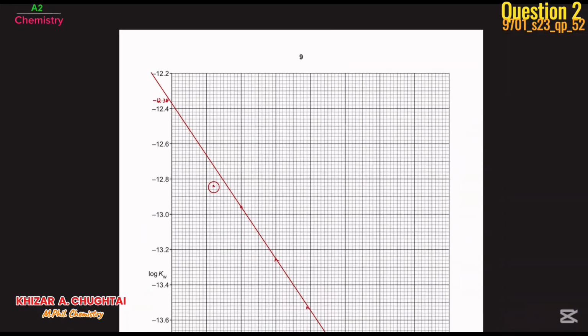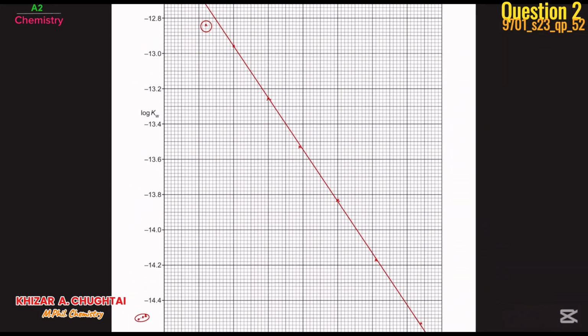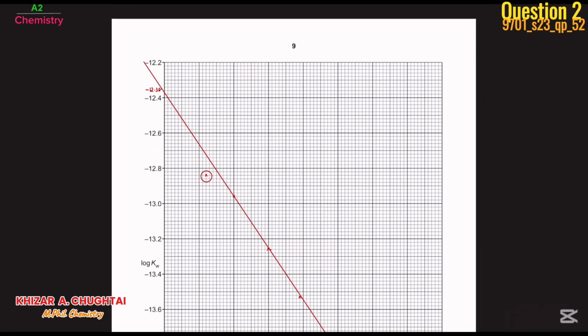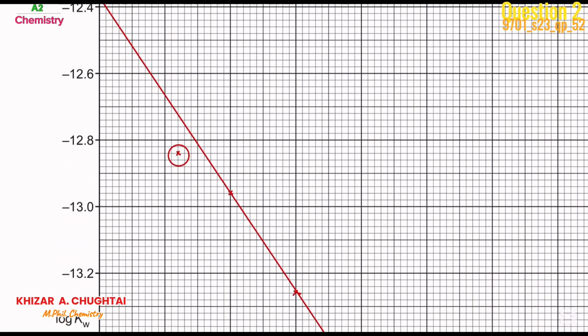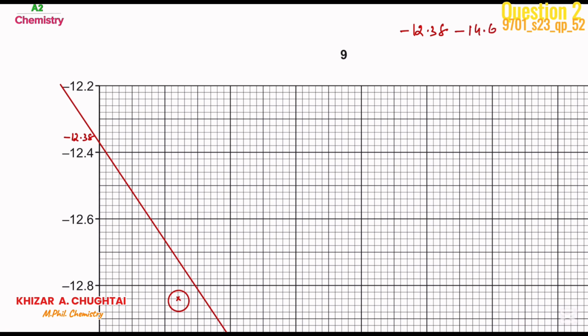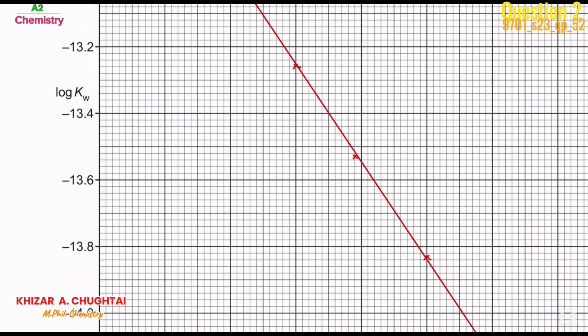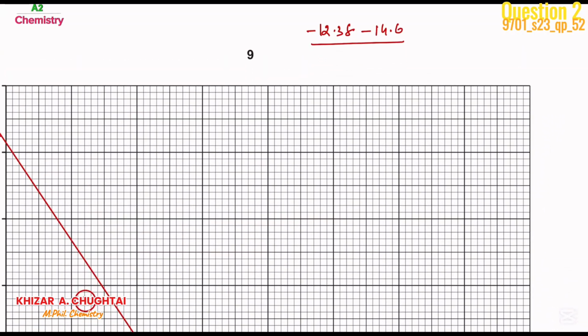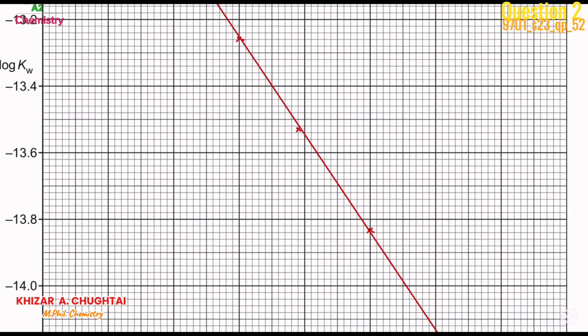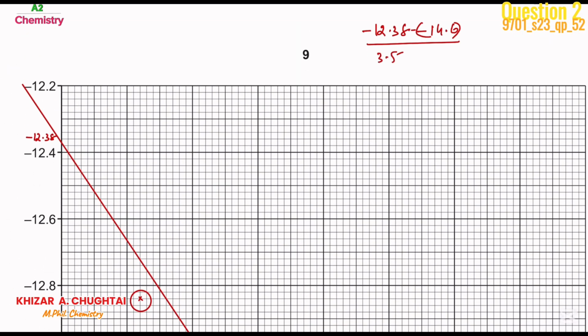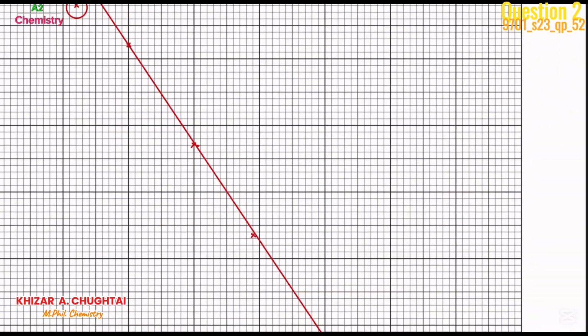So if I'm just taking these two answers, the value on the y-axis is equal to minus 12.38 minus, what was this initial point, 14.6, and divided by, here is 3.57 minus 2.8.